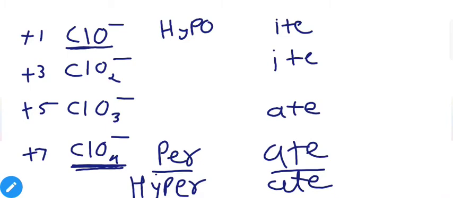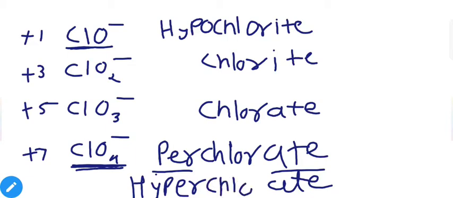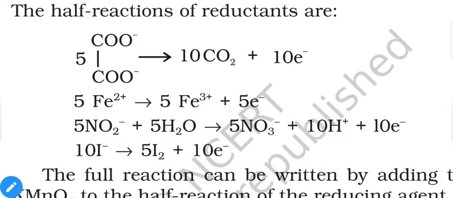So these compounds will be named hypochlorite, chlorite, chlorate and perchlorate according to this nomenclature. Actually we do not have any higher oxidation state, but if it had, it would be called hyperchlorate.